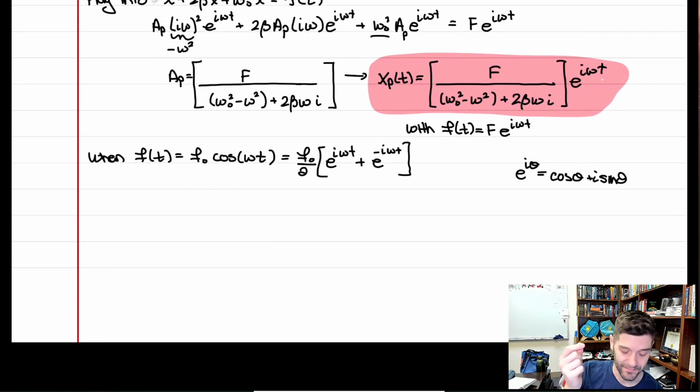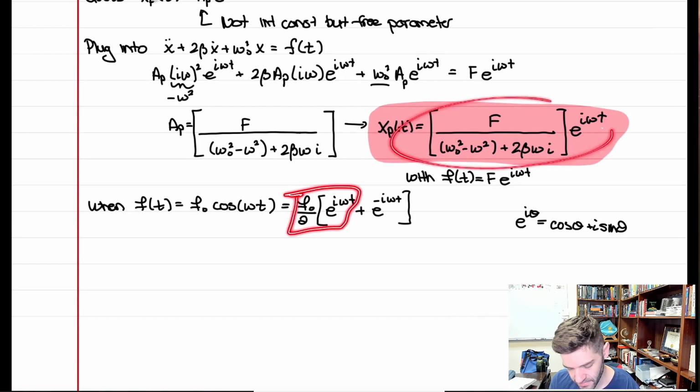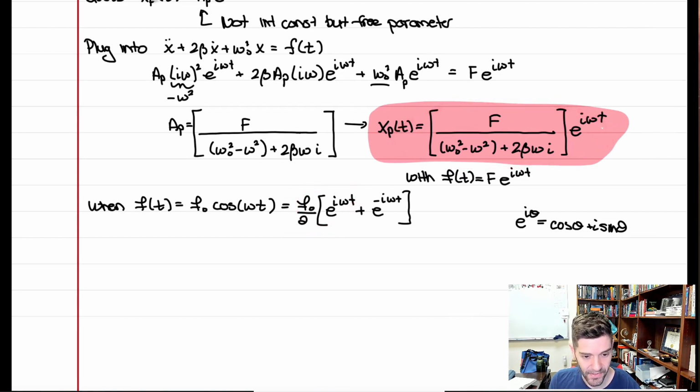However, now here's where the previous result is useful. I know when the right-hand side is something like F naught over 2 e to the i omega t, I know what that particular solution looks like. It looks something like that, but instead of capital F, I just replace capital F with F naught over 2.